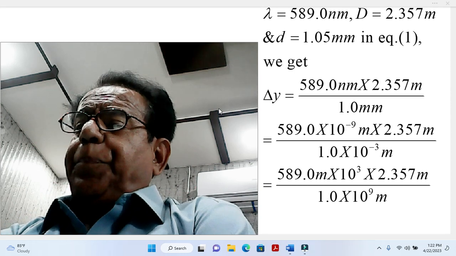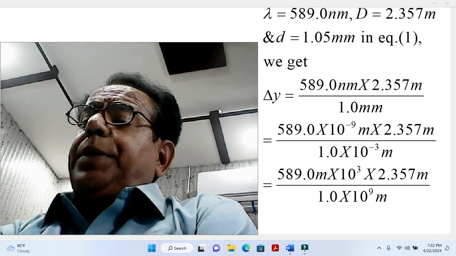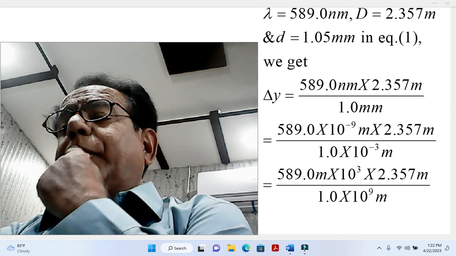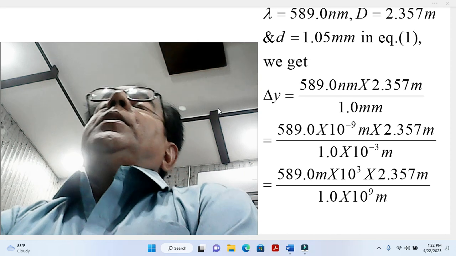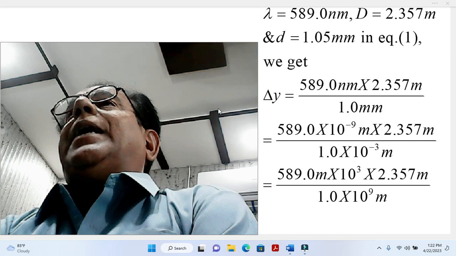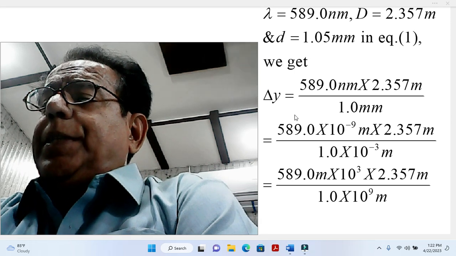Dear students, here in the numerator there are 2m, that is m square, while in the denominator there is only 1m. So 1m will be subtracted from m square and only meter will be left, which will be our unit.